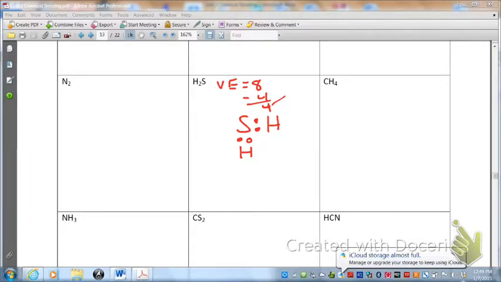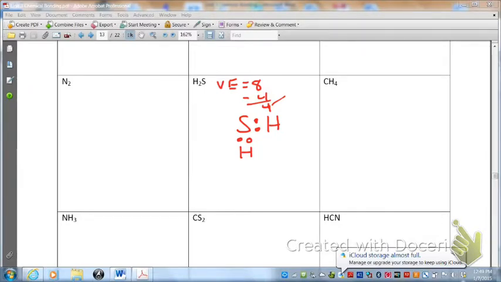Now, what do we do with these 4 remaining electrons? We distribute them around the remaining atoms. We always start with the outside atoms first, and then work our way to the central atom. The outside atoms are hydrogens. Does hydrogen need any more electrons?